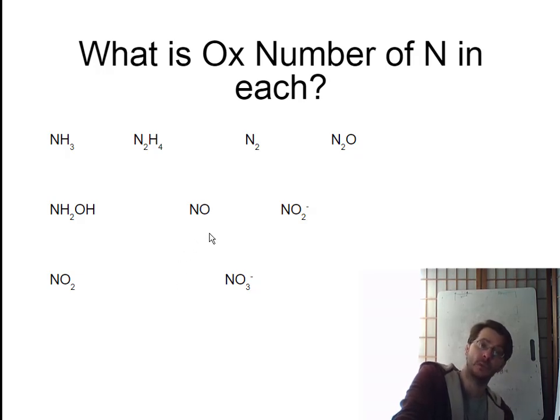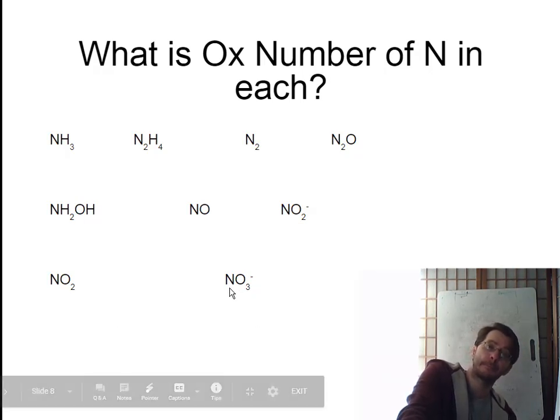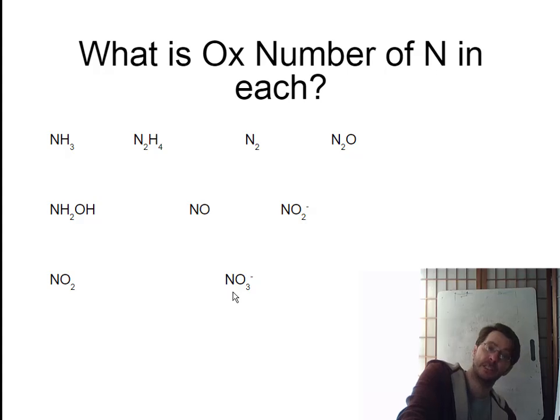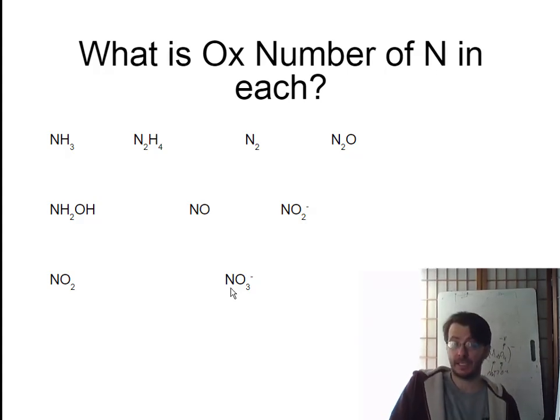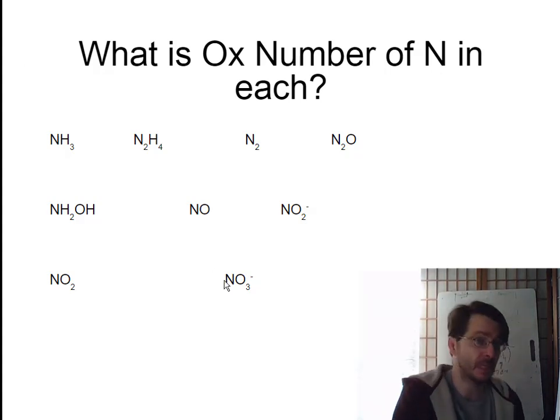This nitrogen, going once, going twice, +2 oxidation number. Here's a +3 oxidation number. Here's a +4 oxidation number. Here's a +5 oxidation number. So nitrogen in this case can have a range of oxidation numbers from all the way from -3 up to +5.